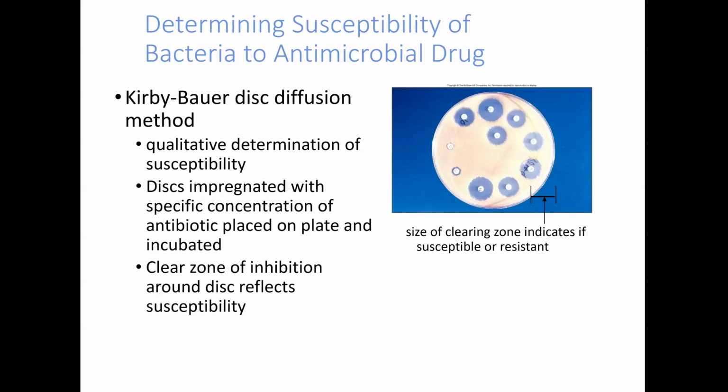And so the zone of clearing, you can see that the bacteria is inhibited from growing around, right? So here we can see a zone of clearance where the bacteria can't grow close to that paper disc because that's where the antibiotic is.